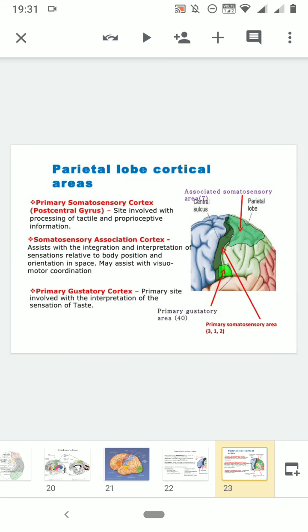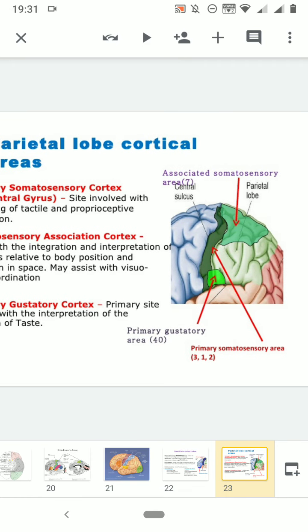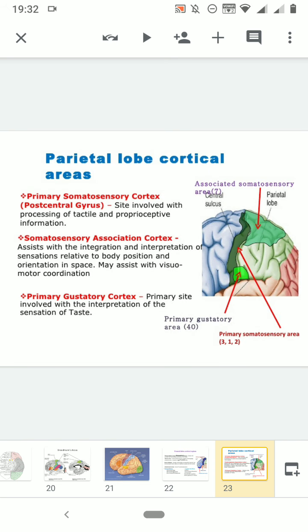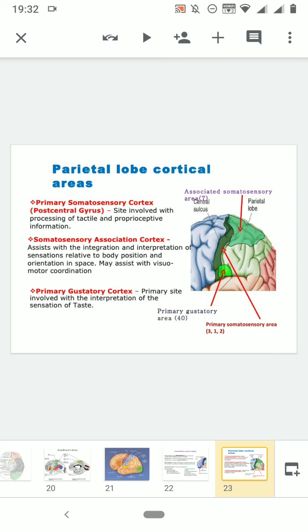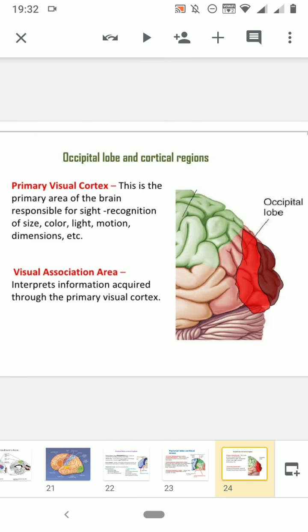So that is also very important. And you have the gustatory cortex, that is area number 40, just above the posterior ramus of the lateral sulcus, and it is associated with taste sensation. So all these sensations form a very important functional component of the parietal lobe.